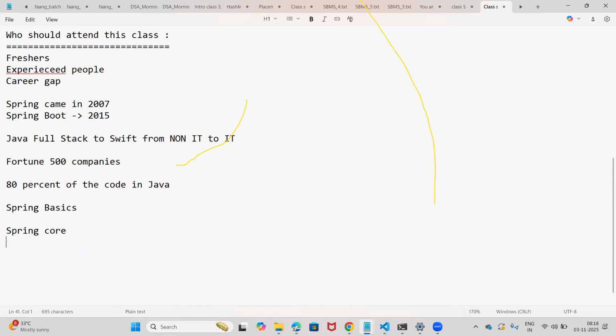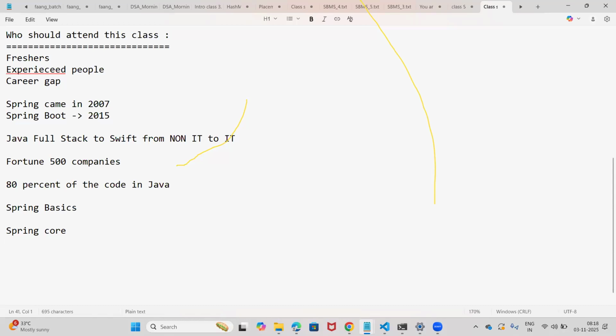In Spring Core, I will be teaching different types of dependency injections with respect to core Java, the same thing with creation of bean files, and the same thing with autowired annotations. Like that, before going to Spring Boot, I will give enough basics and cover Spring Core end to end, guys.